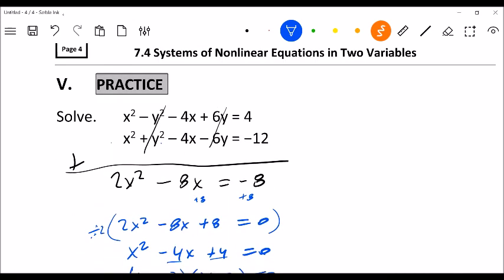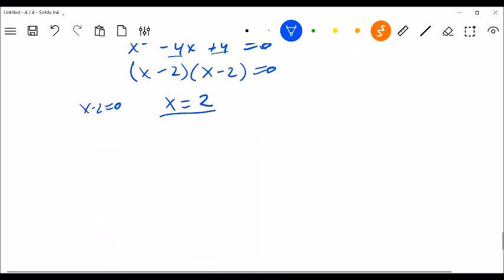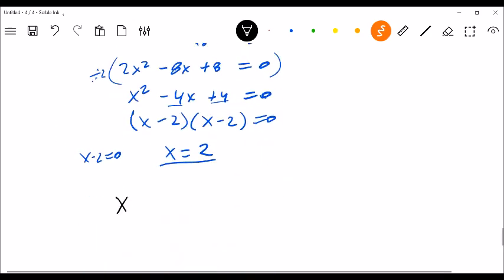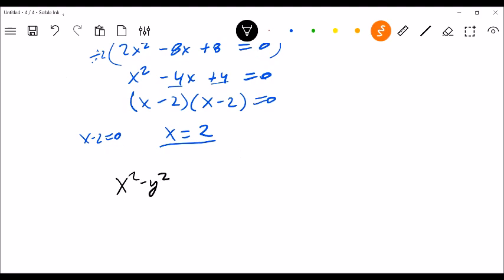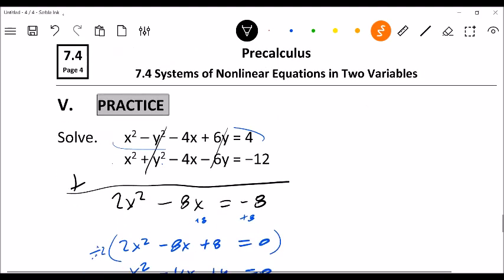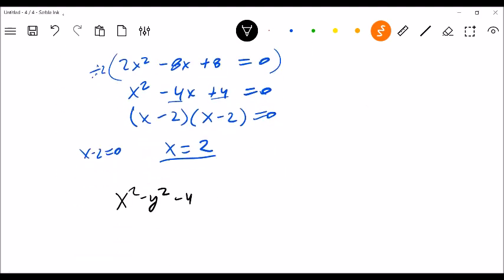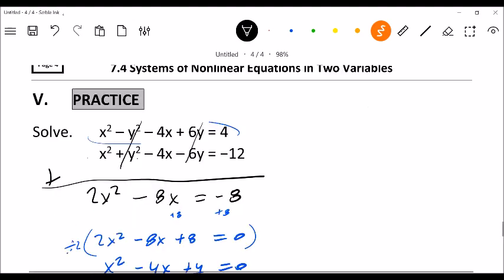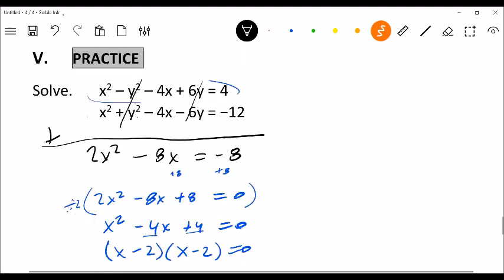And we can use either one of these that we wish to. I'll just take the first one for no better reason than I've done that already in the past, but practicing myself. So the equation x squared minus y squared minus 4x plus 6y equals a positive 4.